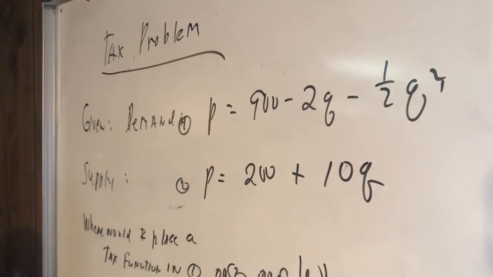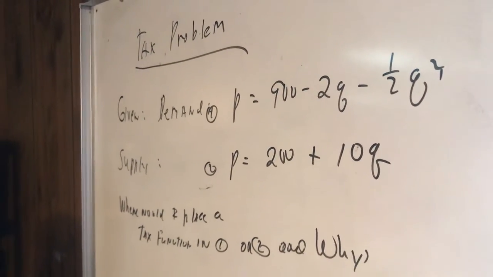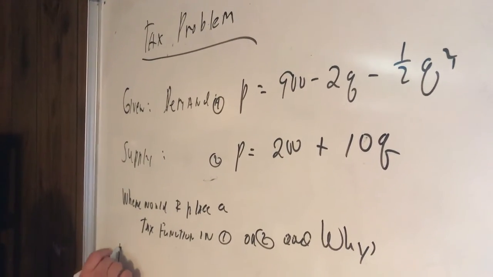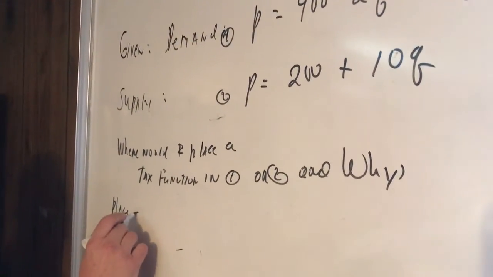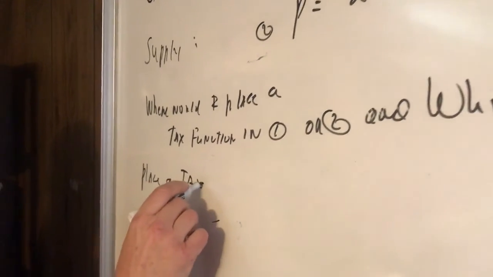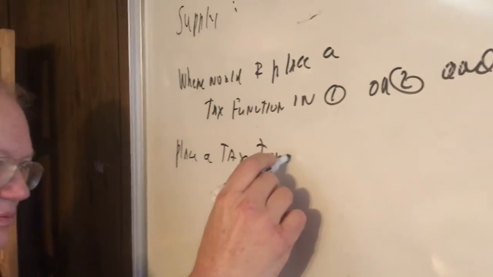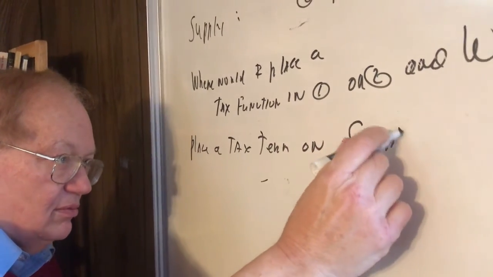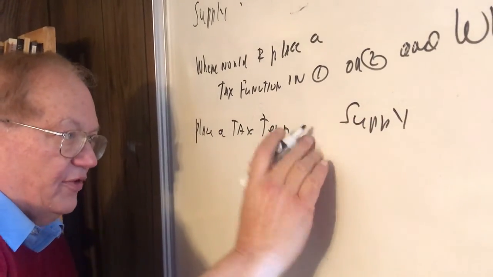We're not talking about income tax here. We're talking about tax on production. So what we usually do in these problems is place a tax term on the supply equation, or in the supply equation.